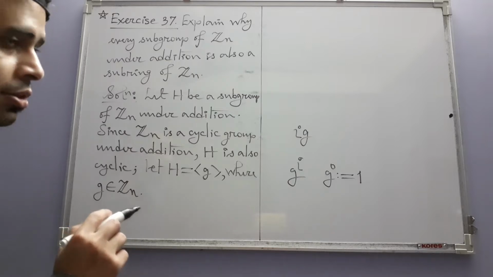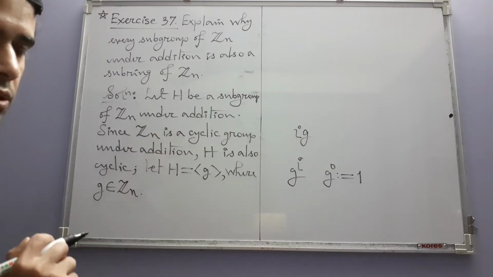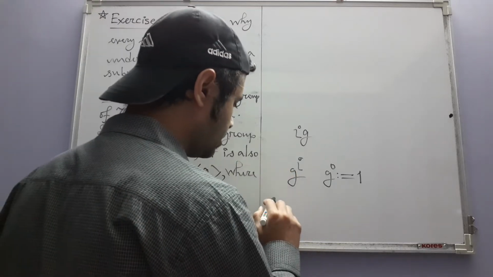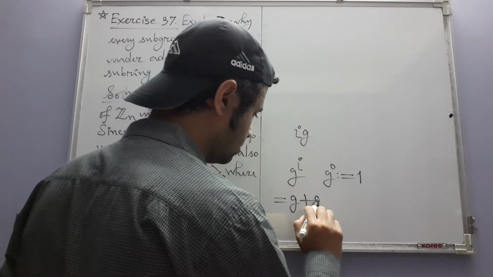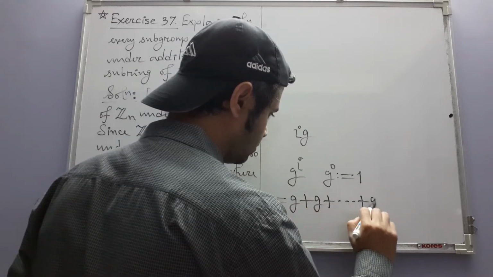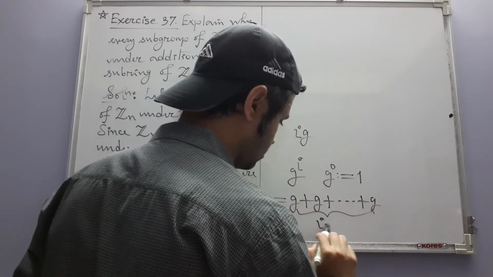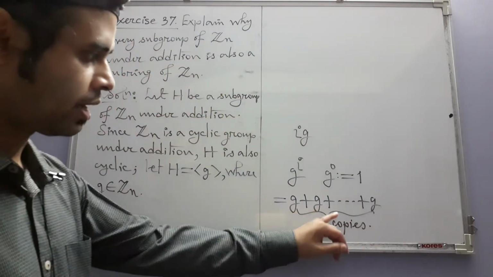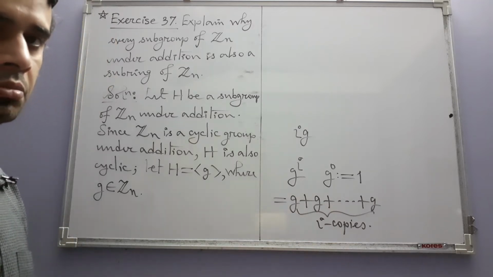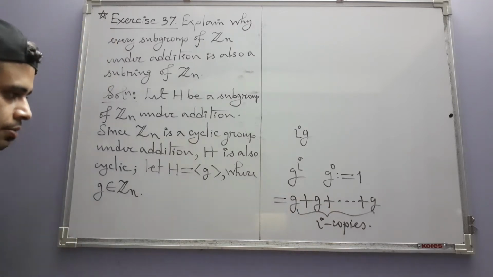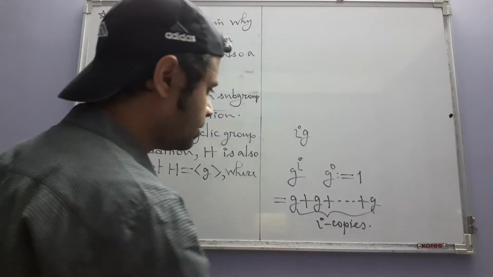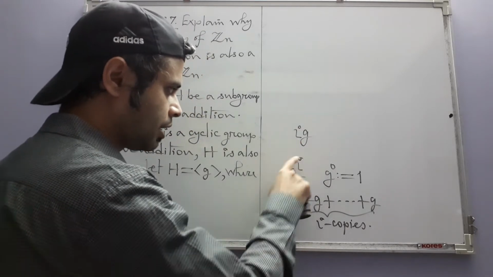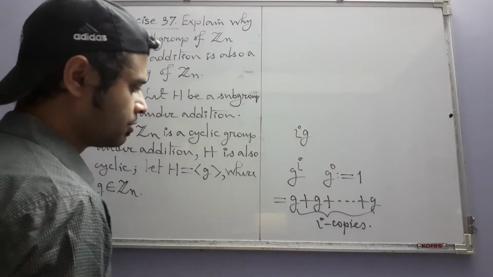Also, recalling that the binary operation is addition modulo n, this actually is g plus g plus g, i copies of g, if i is a positive integer, where this plus is not ordinary plus but addition modulo n, the binary operation. In that sense, we have this subgroup. So the general element we usually write as ig, and that's what we are going to write here.